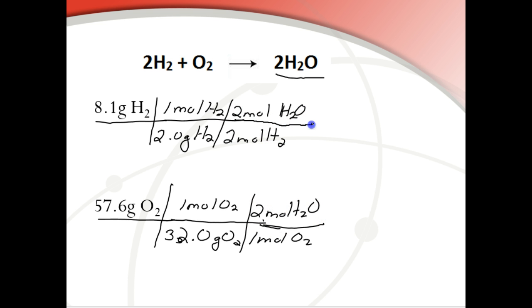We could end it there, because that's all we need to figure this out. But I like students to get in the habit of writing it all out, going from mass to mass. So we have 18.0 grams of water in 1 mole of water, and the same thing down here. Again, this last step isn't quite necessary.